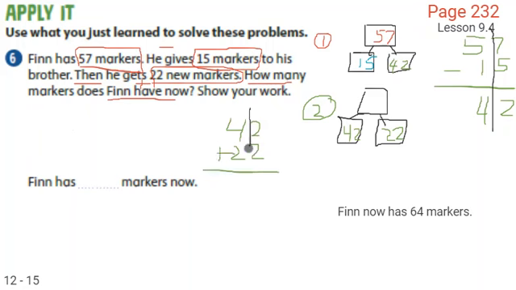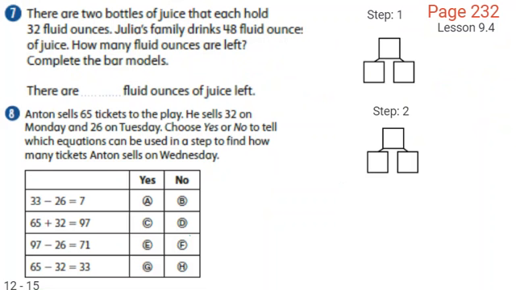I'm going to separate my ones from my tens. Remember, ones are on the right and tens are on the left. Okay, 2 and 2, that's simple. That's a small double, is 4. 4 and 2, so 4, 5, 6, 64. But that's not the whole thing. Finn now has 64 markers, or right here we can write it down, 64 markers now.